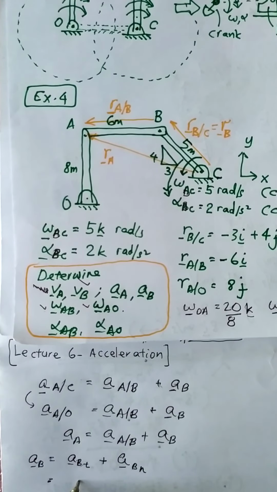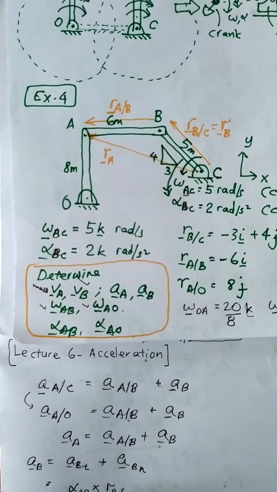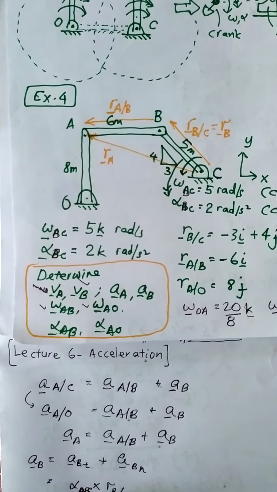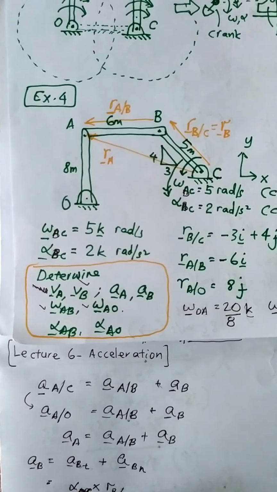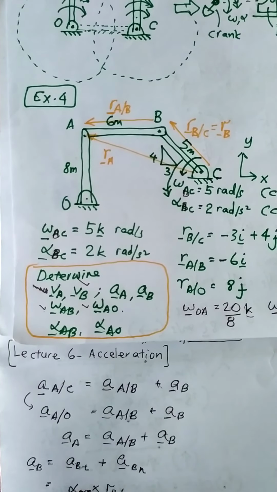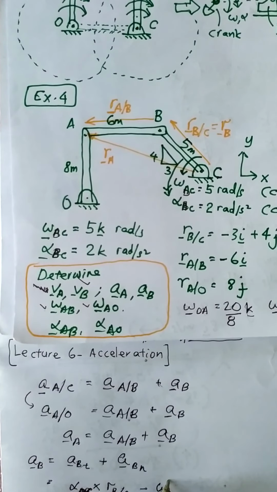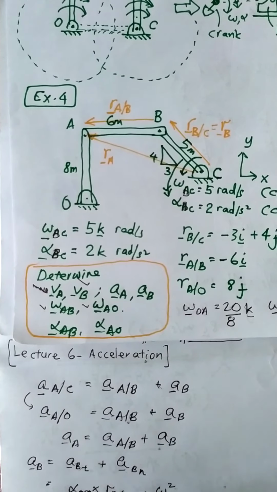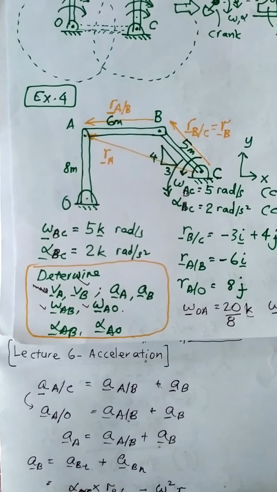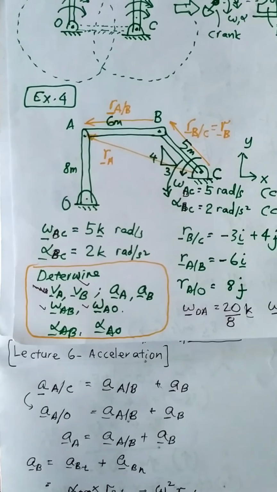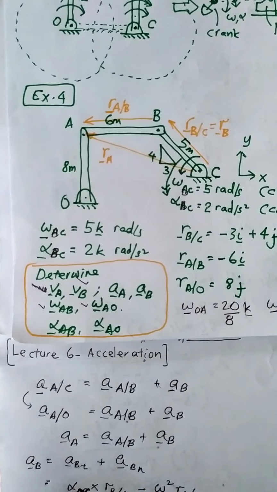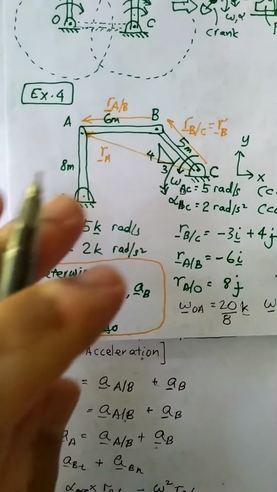The tangent component is alpha AB cross the position vector of B relative to C, minus omega square, the normal component, times the position vector B relative to C. That is the formula for tangent plus normal. So in this case, alpha is given by 2k.